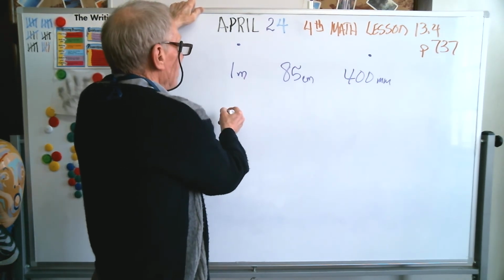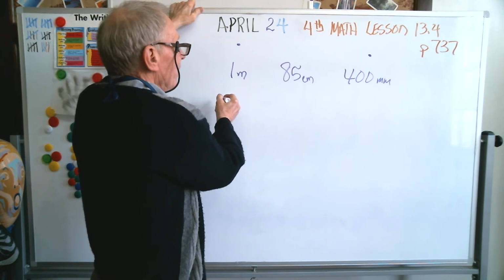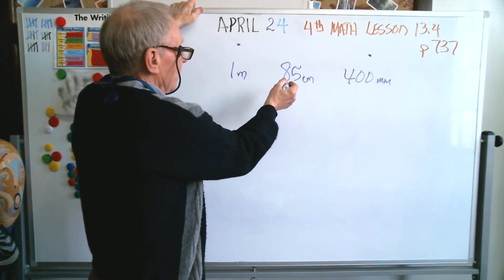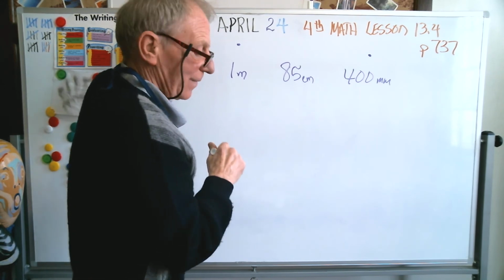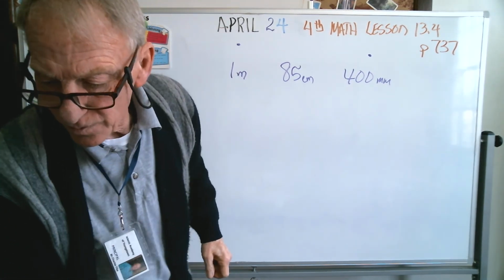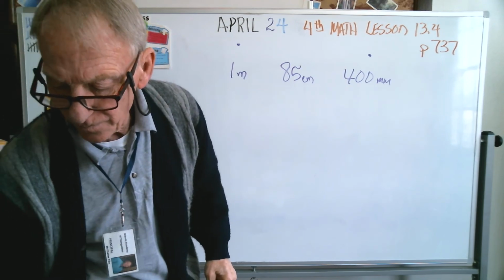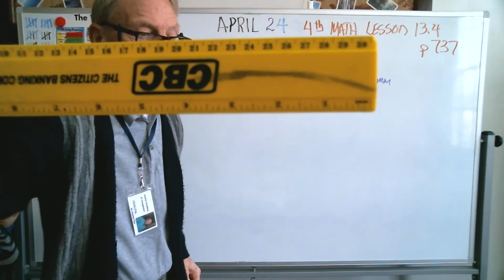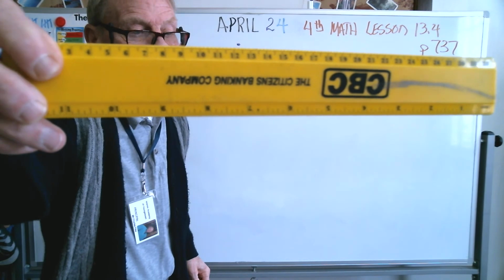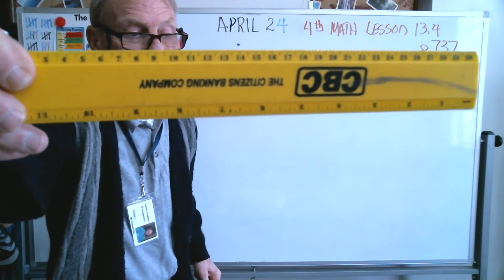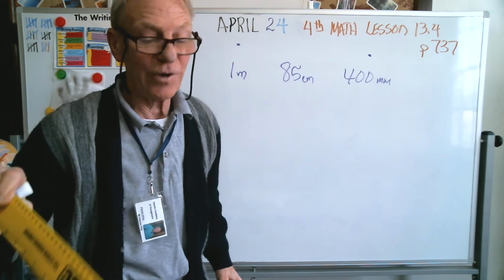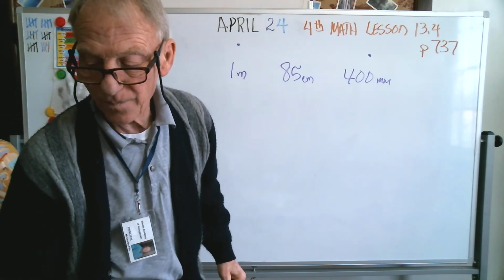So if we've got a meter here, which is equivalent to 100 centimeters, you see on your ruler here, you see the centimeters, and this is about 1 foot in length, and it's equivalent to about 30 centimeters.